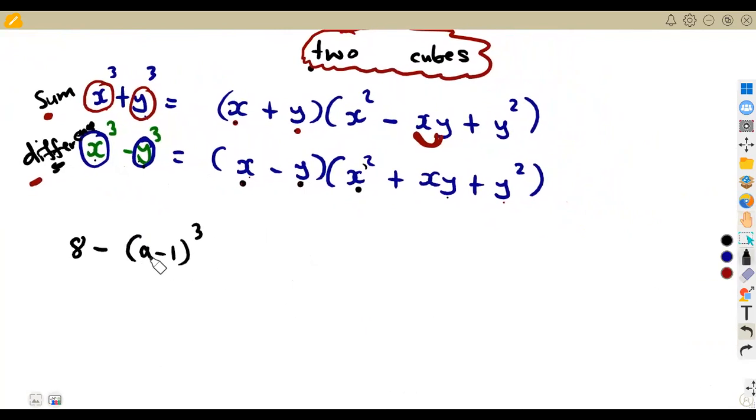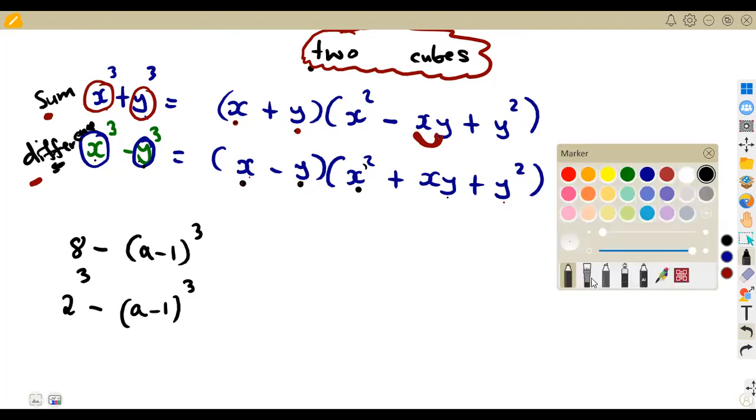All right, so this one, 8 is the same as 2 to the exponent of 3, remember? What we want is to see the numbers being raised to the exponent of 3 so that we properly see the cube part. So 8 is the same as 2 to the exponent of 3, minus (a minus 1) to the exponent of 3.